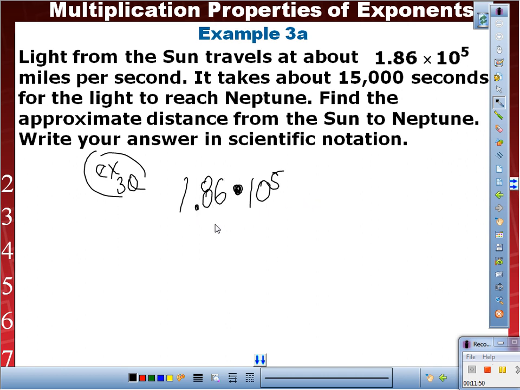But this is only in 1 second. How many seconds are going to pass here? 15,000. So what do I need to do? Times 15,000, because we want to find out that distance, yes? So question, can we rewrite this number in scientific notation? Do it in your noodle.